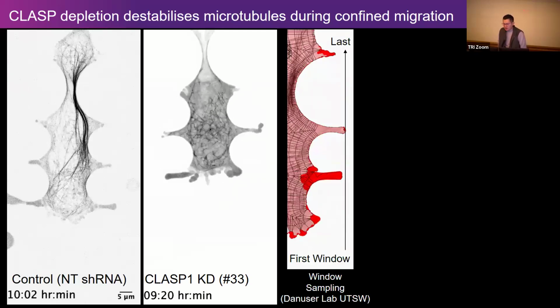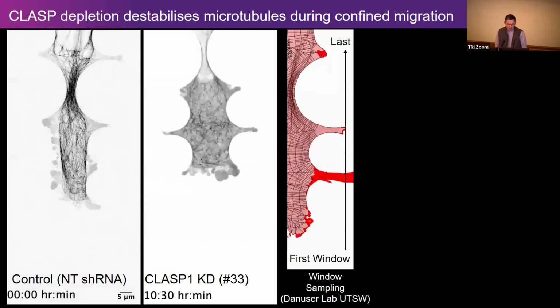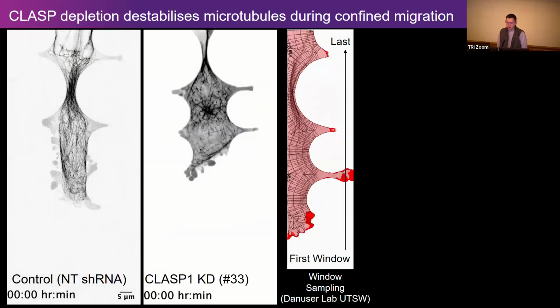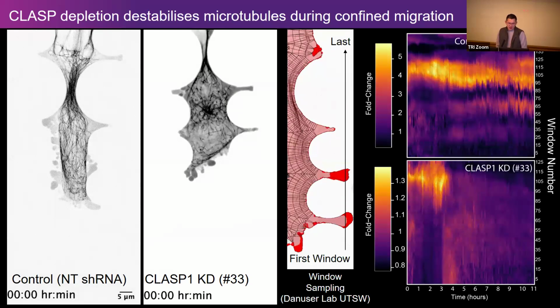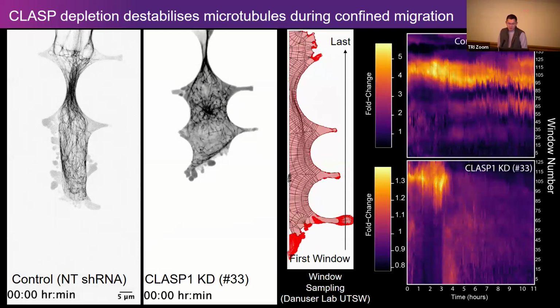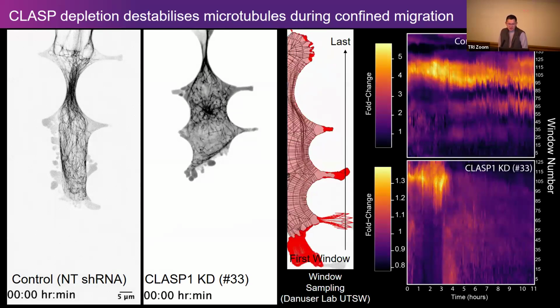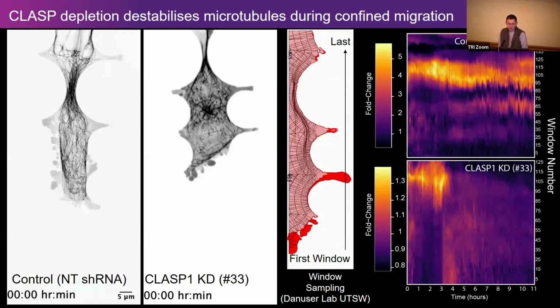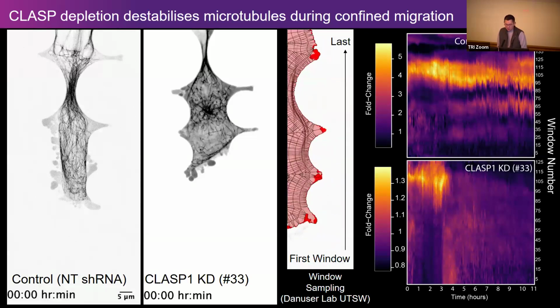And we can quantify this using a neat little trick called window sampling, where we draw windows, extract the values, and plot how these values change over time. In these graphs, you can see that in the control cells, not only are the microtubules more stable, but they actually are reinforced.